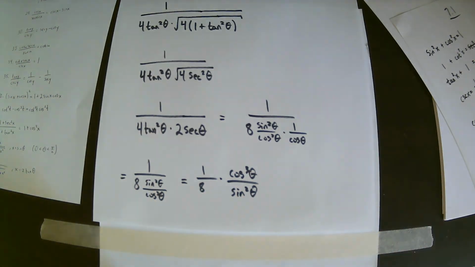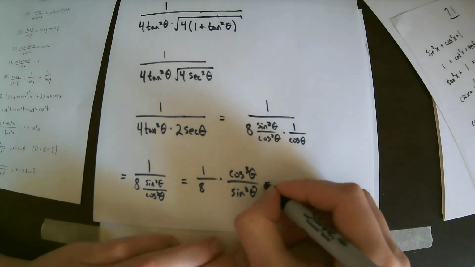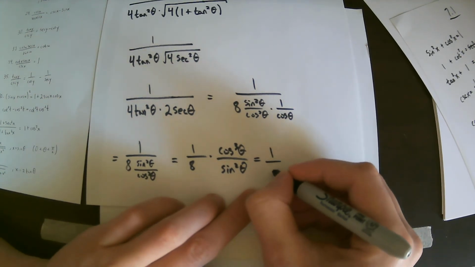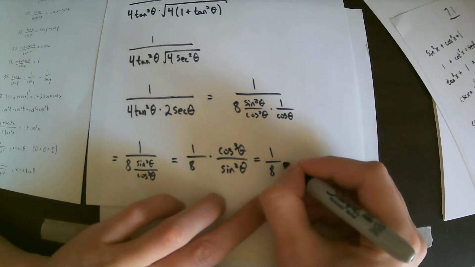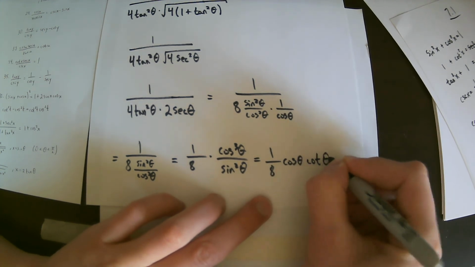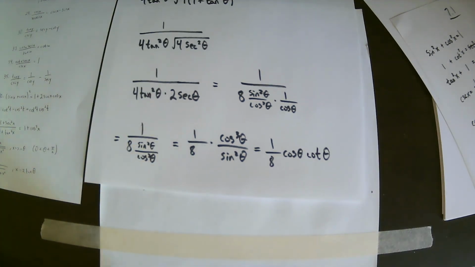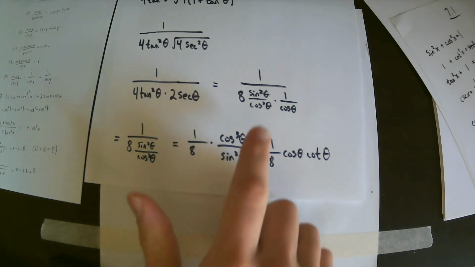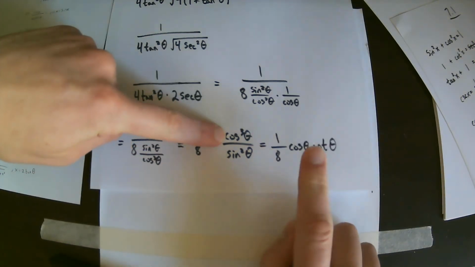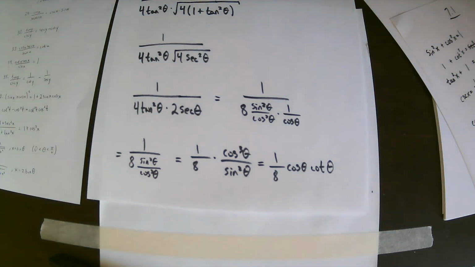Maybe it would be better to write this in terms of cotangent, maybe 1 over 8 times cosine theta cotangent theta. Because cosine squared over sine squared is cotangent squared, but I've got cosine cubed, that's why there's an extra cosine there.